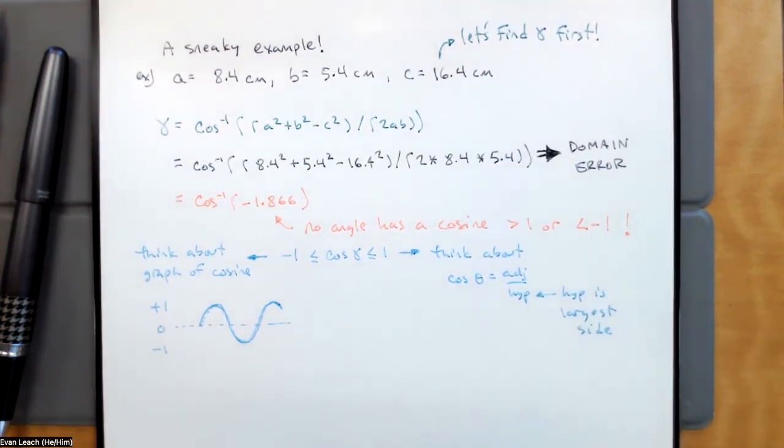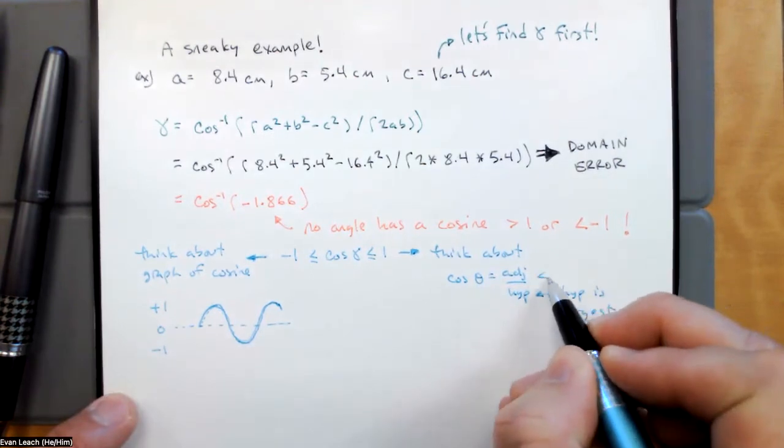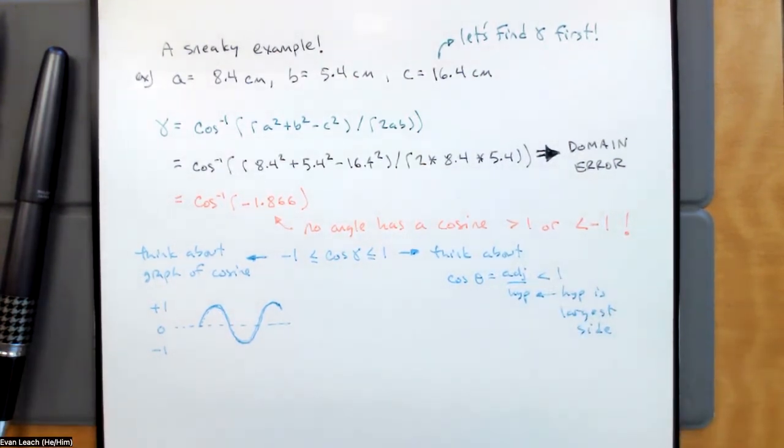And that means that adjacent divided by hypotenuse has to be less than 1. That's what's going on with this domain error.